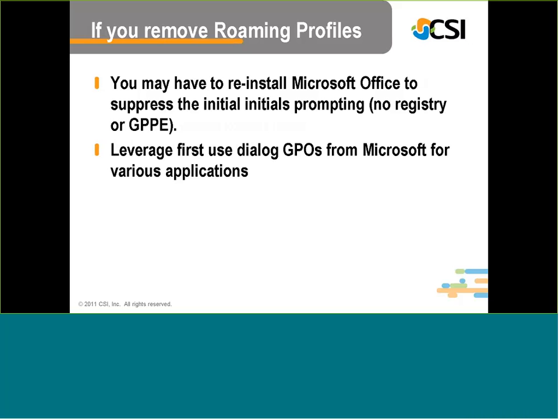Then Office will have those initials pre-keyed in the default profile. So when Johnny gets created, it won't prompt. It's the only way to do it. It's very, very annoying, and lots of times that really irks people. So just realize that. You go back to the Office Customization Toolkit, add this registry key to the Office install, and then reinstall Office, and that's how you beat the initials situation.